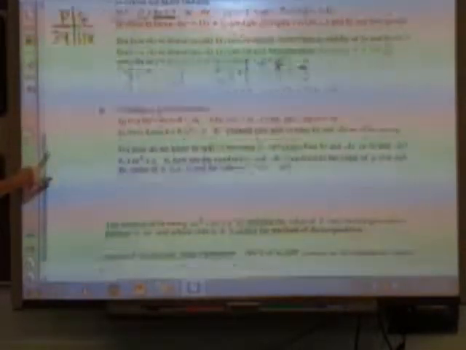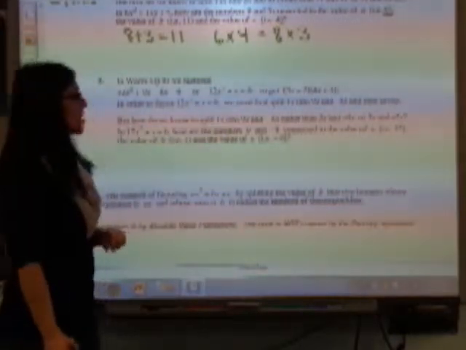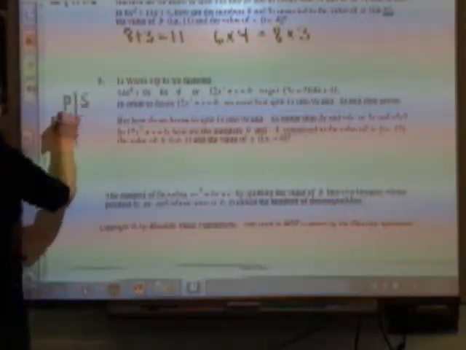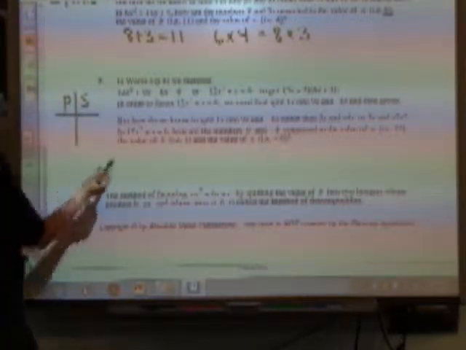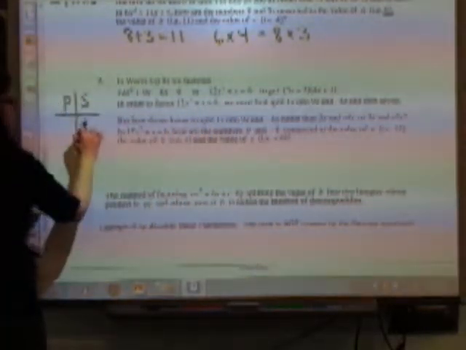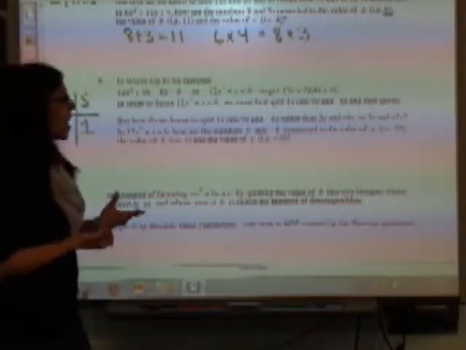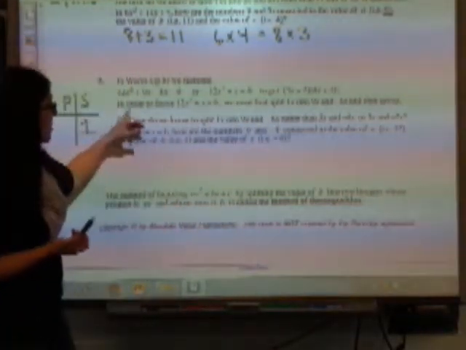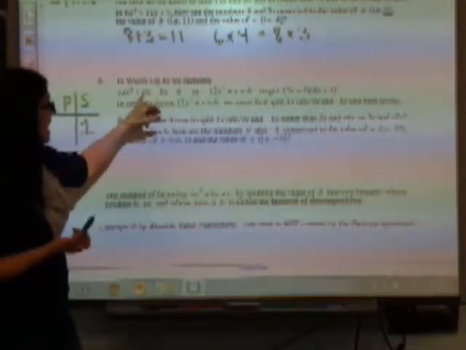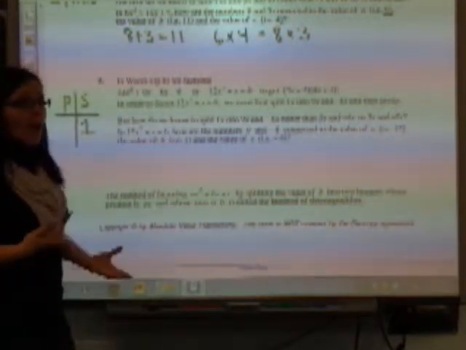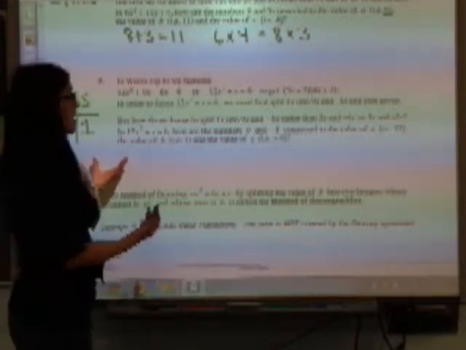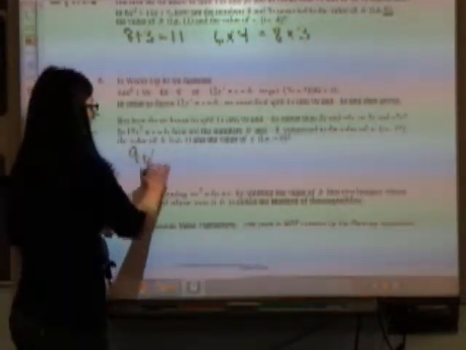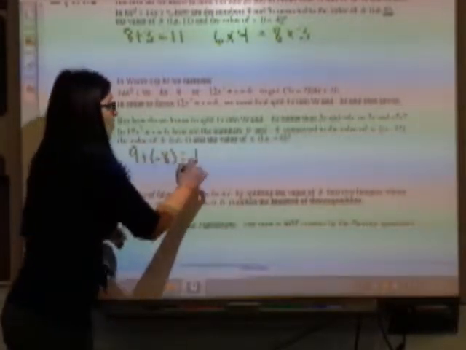If we do this again, we have 12x squared plus x minus 6. So again, if I looked at my product and sum chart, my sum is still 1, but my product this time, if we looked at what we split it into, we had split it into 9x minus 8x. Why 9 and minus 8? Well, I know right now that 9 plus negative 8 equals 1.